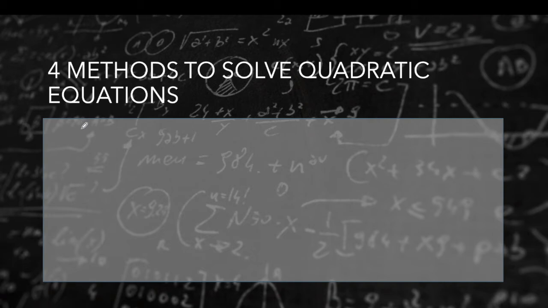And in Sec 3 now, for this chapter, you are going to learn 4 methods to solve quadratic equations. The first method will be factorization, which you have more or less learned last year. After that, you're going to learn the graphical method.